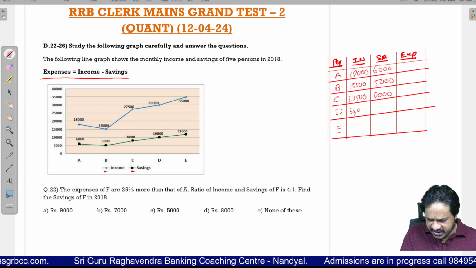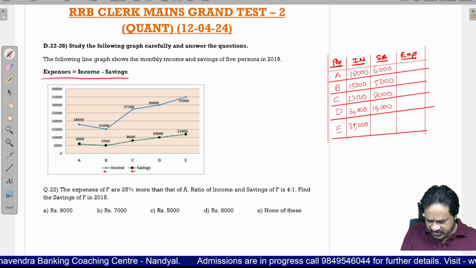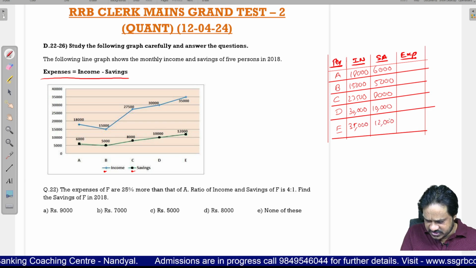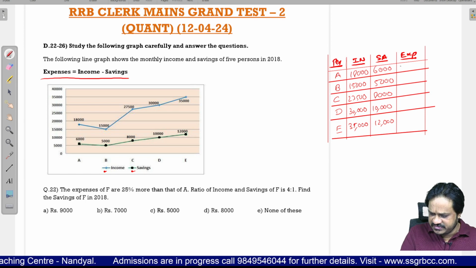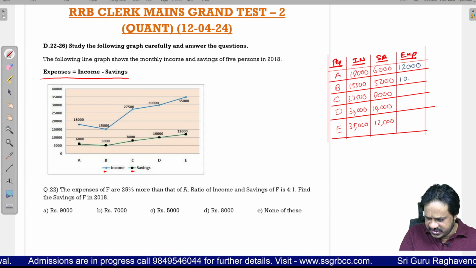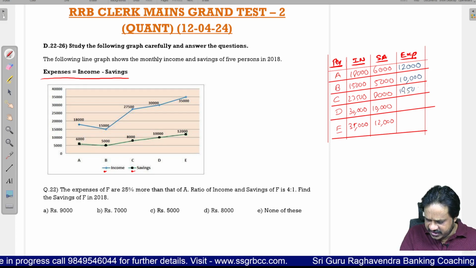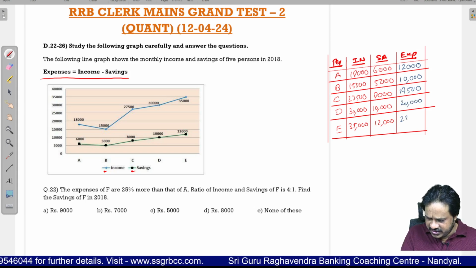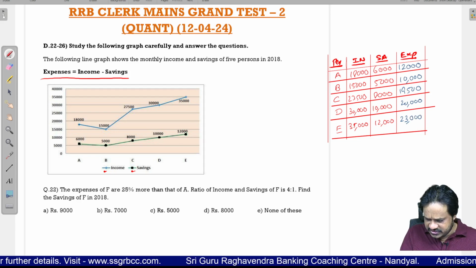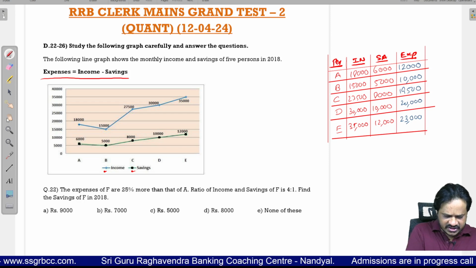This is 30,000 followed by 10,000 as saving for D. For E, it is 35,000 followed by 12,000. Now, we can calculate the expenditure, that is the difference. So, here we will get 12,000, this is 10,000, this is 19,500, this is 20,000 and followed by 23,000. So, if we are having this table, now based on this we should answer the given questions.